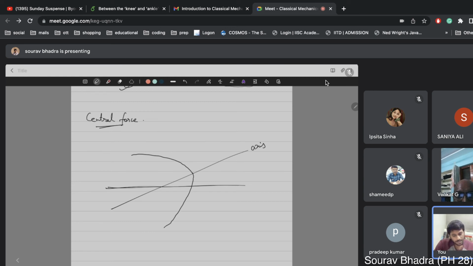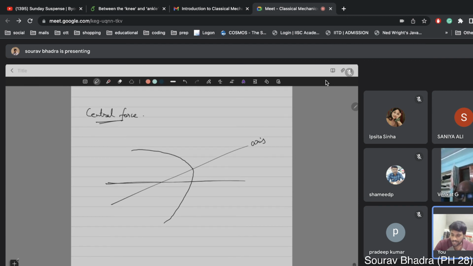Now how will you define the trajectory which is taking this type of conic form? We can do that very easily using some properties of this particular conic.